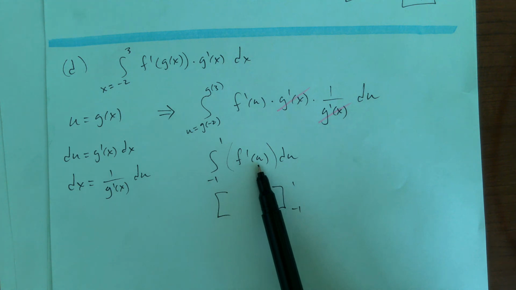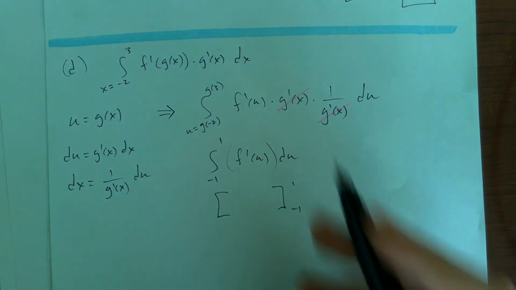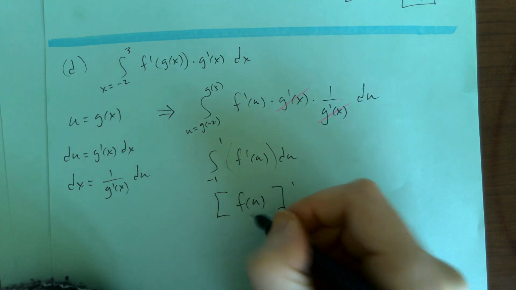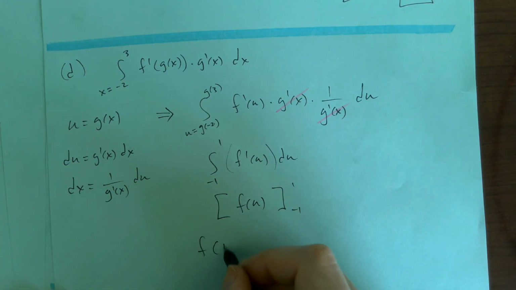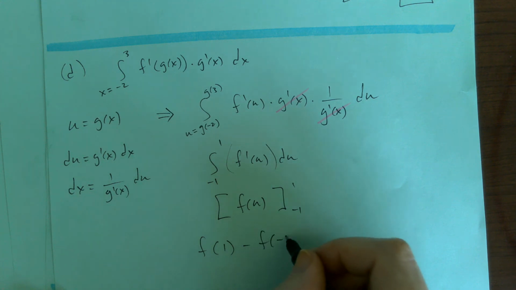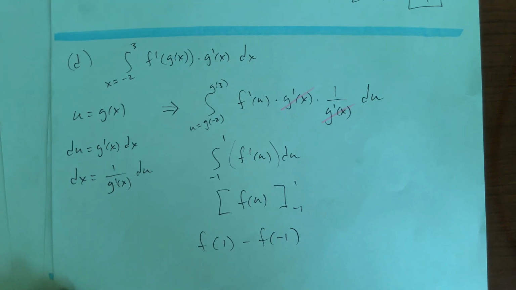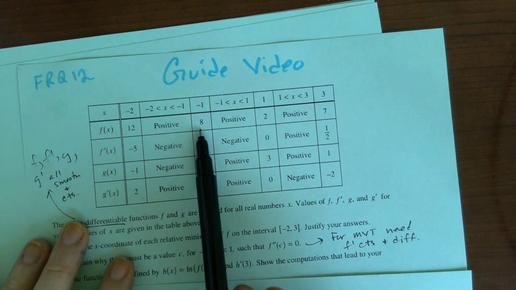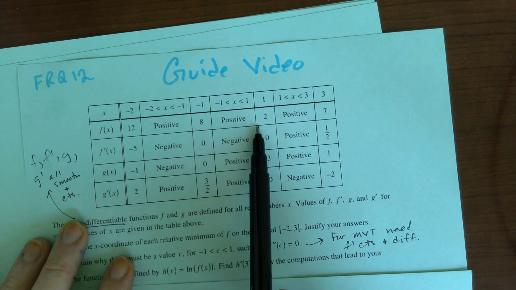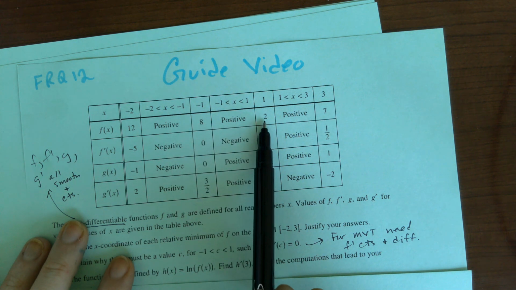What is the antiderivative of f prime of u? It's just f of u. So this is f of 1 minus f of -1. Now I go to the table again. F of 1 is 2.